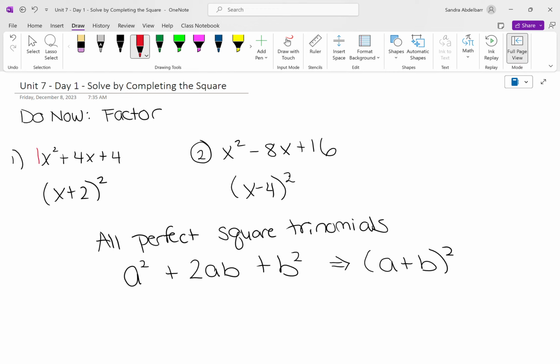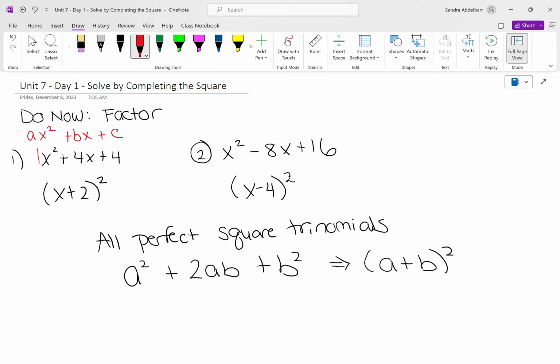So we know when we have a quadratic, it's ax squared plus bx plus c. The first coefficient goes with our a squared. The last goes with our constant.